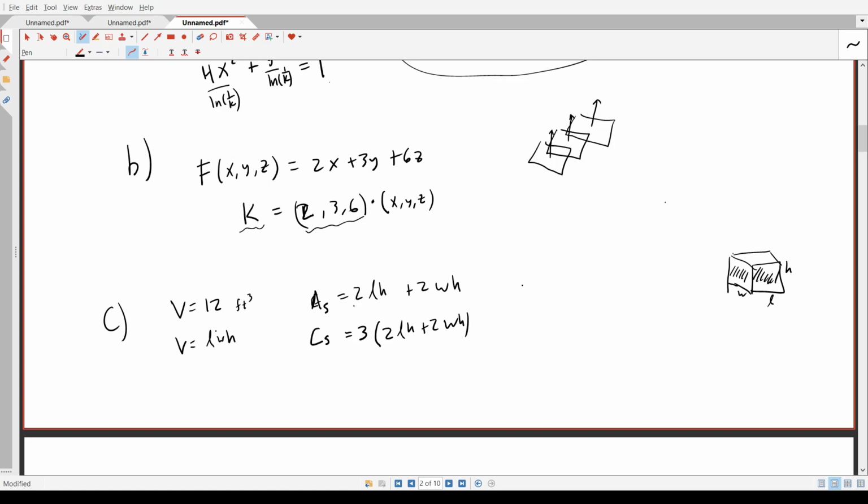Okay, same thing for the bottom. So the area of the bottom is going to be just the width times length. So the question says the cost for the base is $5 per square foot.